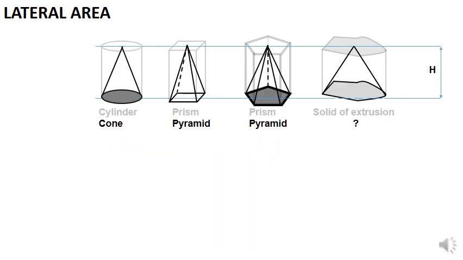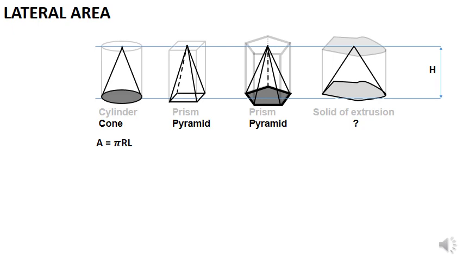Okay, so how about the lateral area of these solids? The lateral area of the solid is now somewhat different. In the case of the cone, the area is equal to pi r L, where r is the radius of the base and L is the slant height.